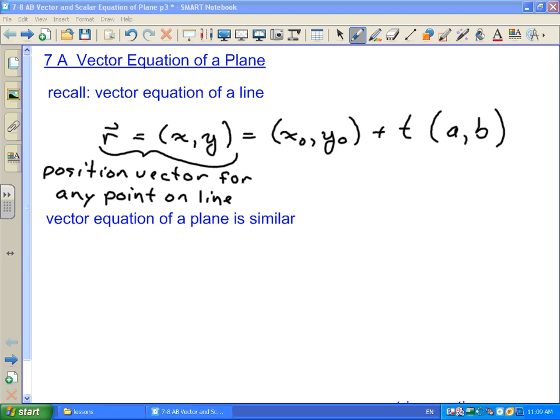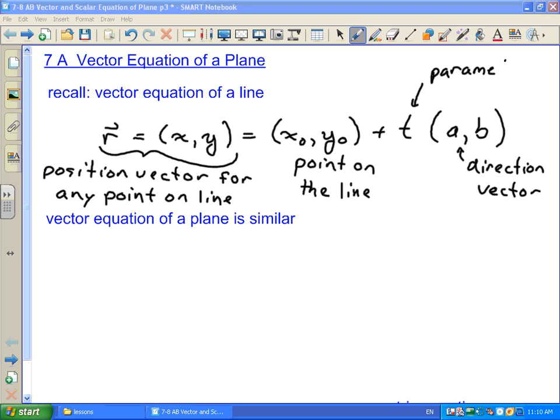The way we could get the vector for any point on the line was we had (x naught, y naught), which was some point on the line. (a, b) was our direction vector, which told us what direction this line was pointing in. And by multiplying this direction vector by this parameter t, we could move back and forth along this line.